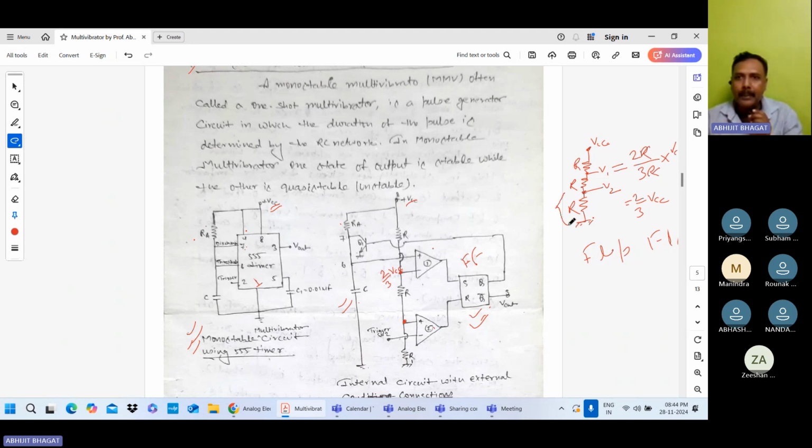So this resistance R divided by all resistance 3R, into applied voltage VCC. So here R and R cancel out and it is 1 by 3 VCC. So at this point the voltage is 1 by 3 VCC. Clear up to this?